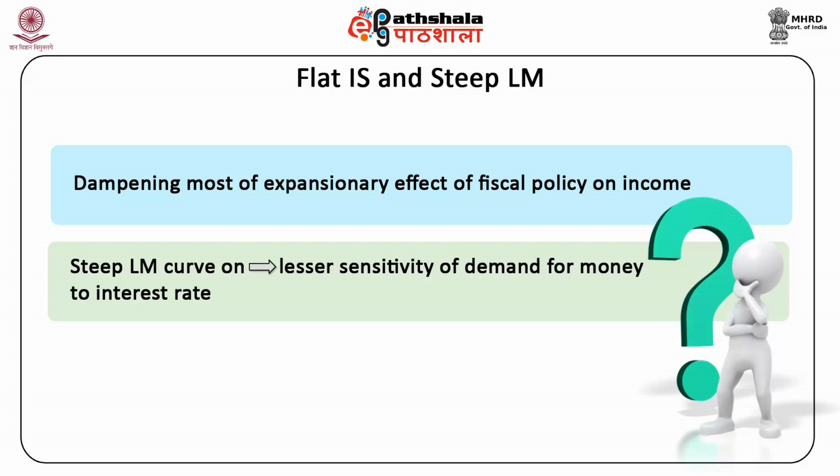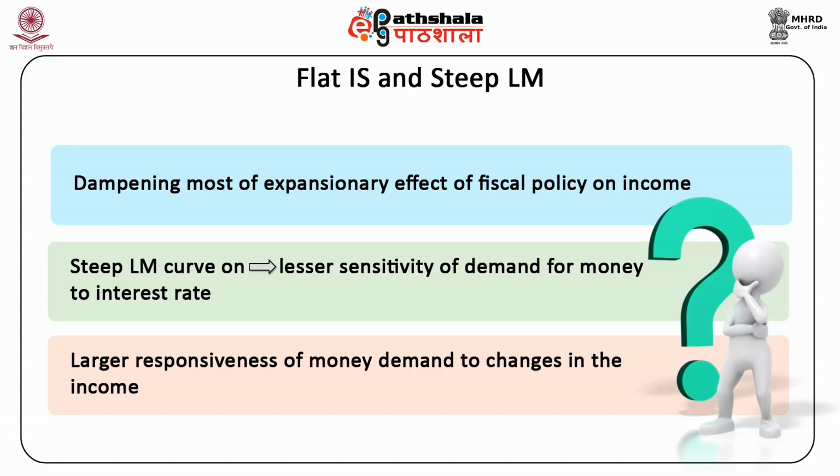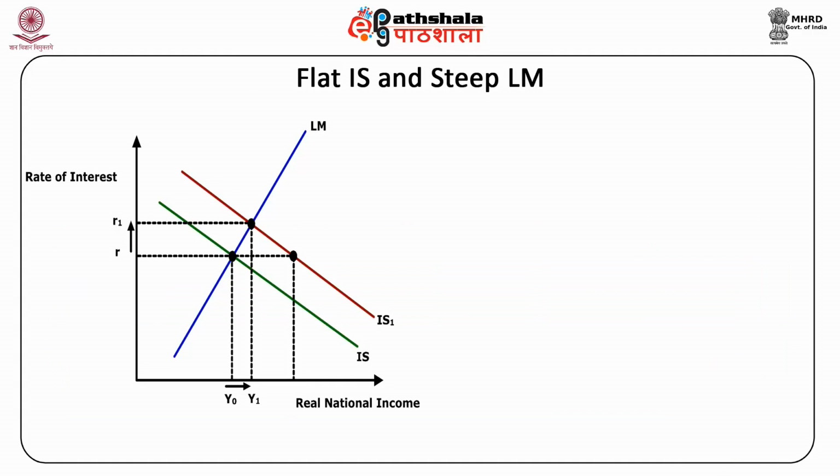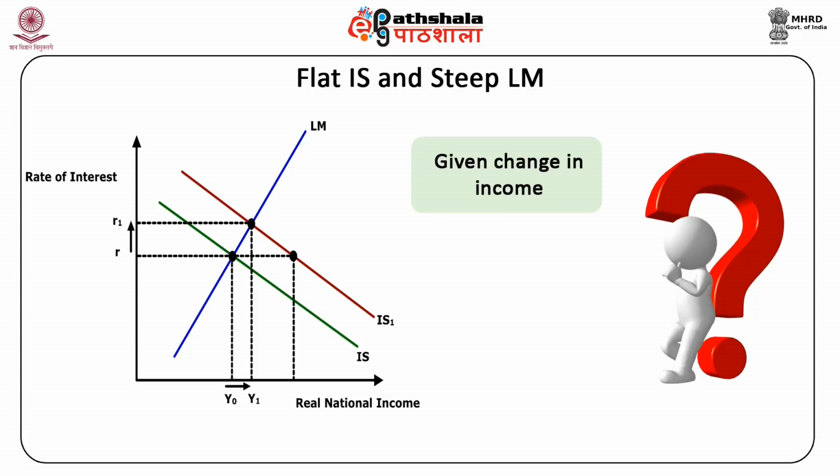A steep LM curve, on the other hand, implies lesser sensitivity of demand for money to interest rate and larger responsiveness of money demand to the changes in the income. It means that a given change in income has a larger effect on interest rate in case of flatter IS and steeper LM curve, as can be seen in the given figure.